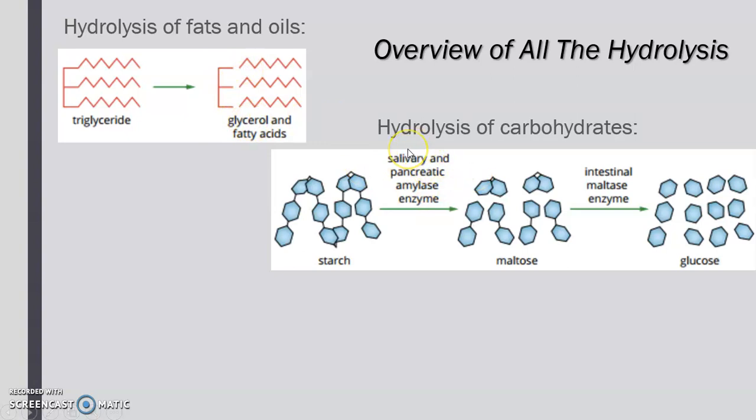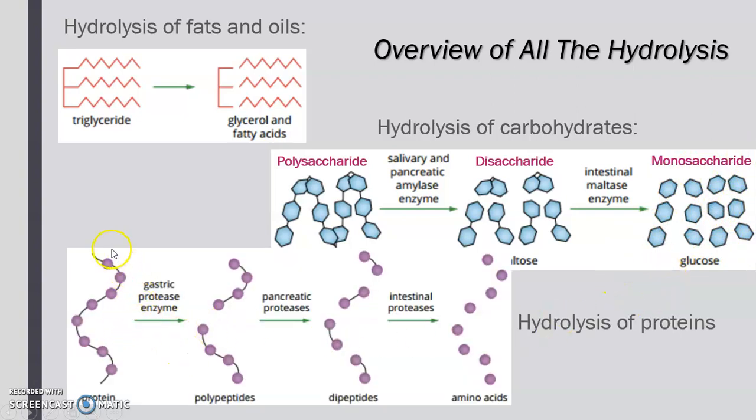For carbohydrates, which are mostly polysaccharides, normally to hydrolyze carbohydrates we need two kinds of enzyme. The first kind breaks polysaccharide into disaccharide. And then the disaccharide, using another kind of enzyme, can be broken down into monosaccharide. And monosaccharide is where we actually obtain the energy from.